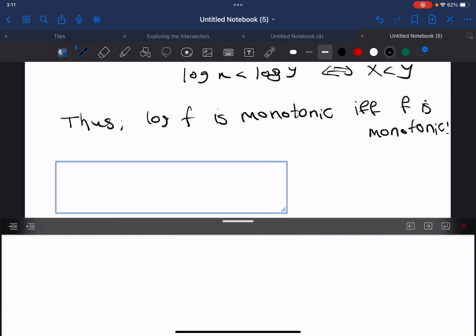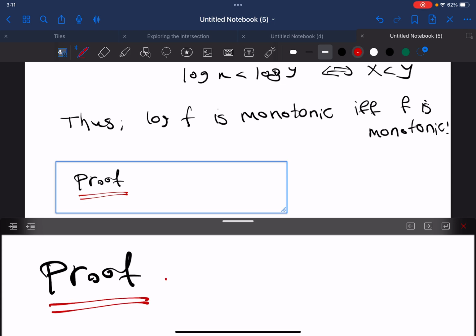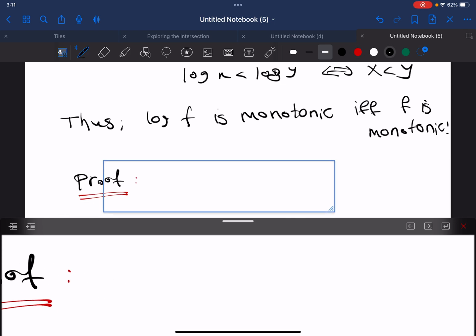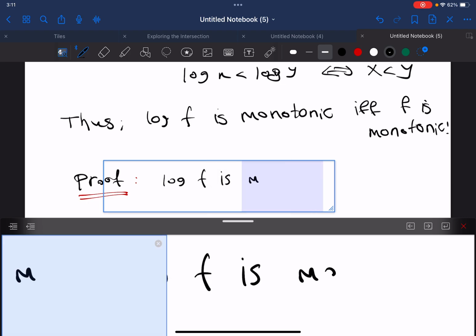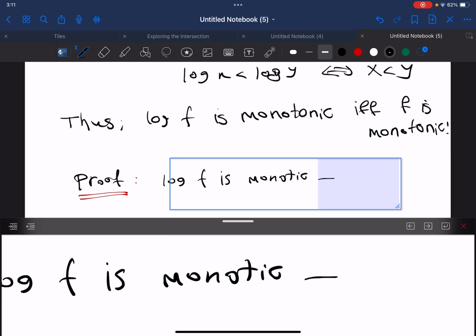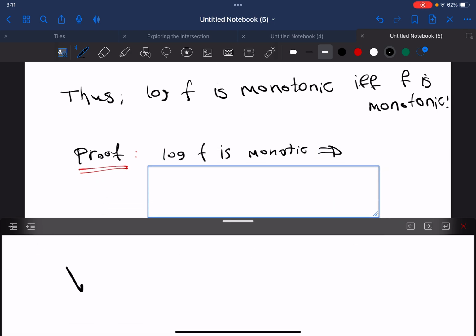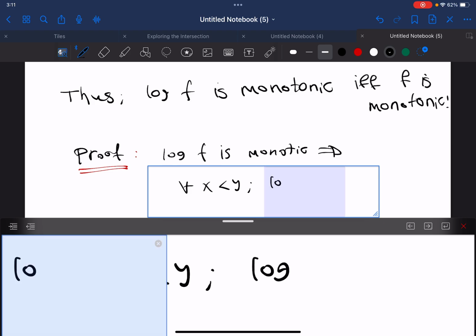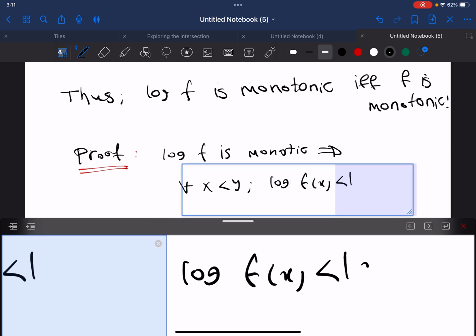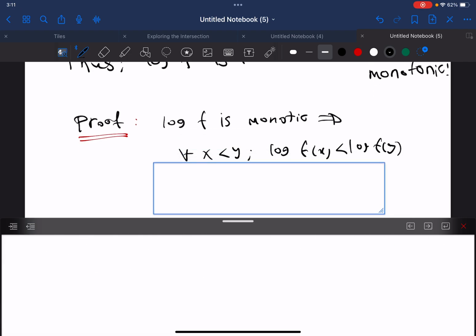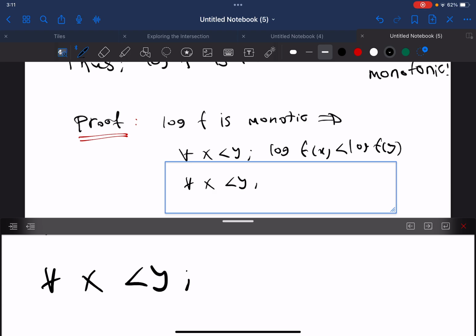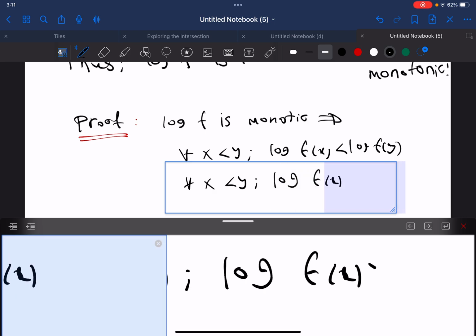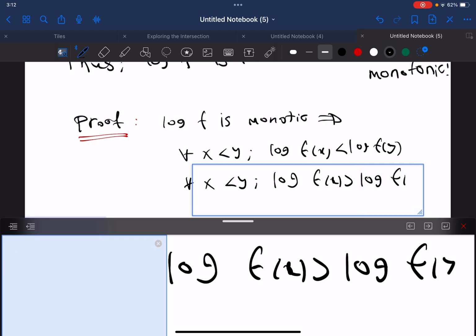So what's the proof of this? The proof is, suppose that log of f is monotonic. Then for all x less than y, I know that log of f of x is less than log of f of y. This is one situation. The other situation is for all x less than y, log of f of x is larger than log of f of y.